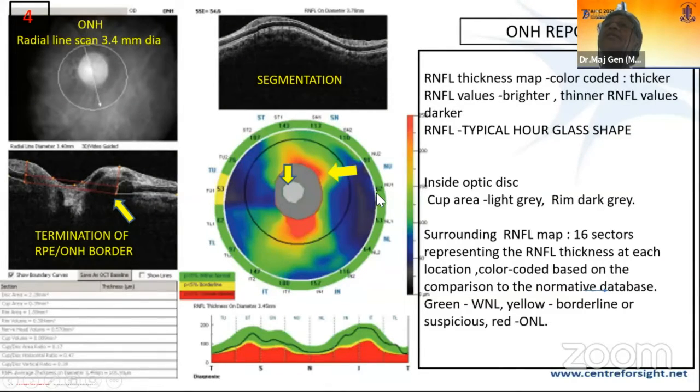And then after that, it tells us what is in each of the 16 segments that are present over here, which are very important for us to see, along with the figures. That means that for each particular segment, how much nerve fiber thickness is present must also be seen. In many of the maps, we only get to see 8 of them.